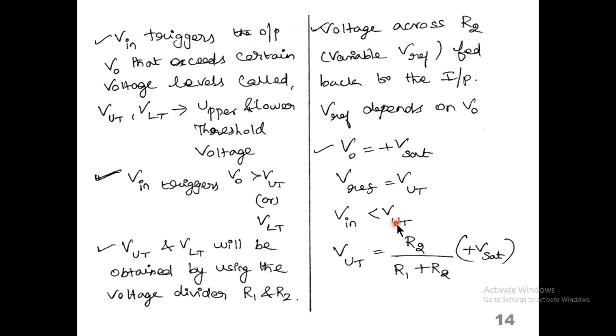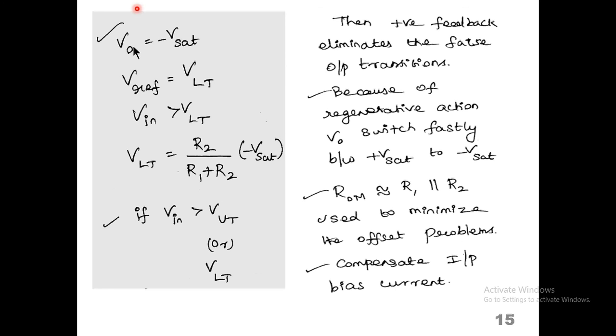If Vin is less than VUT, then VUT depends on R1 and R2: R2 divided by R1 plus R2 into plus Vsat. Likewise VLT is R2 divided by R1 plus R2 into minus Vsat, the negative saturation voltage. If the input voltage is greater than the upper threshold voltage or lower threshold voltage, then the positive feedback eliminates the false output transitions.